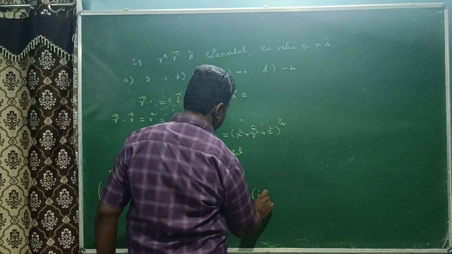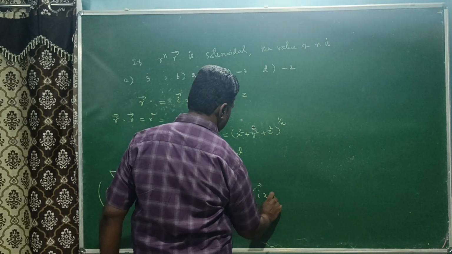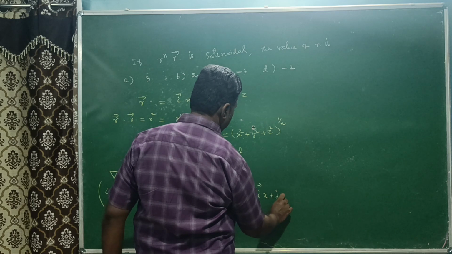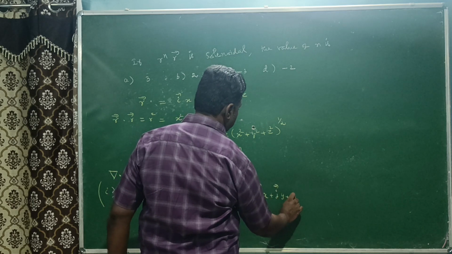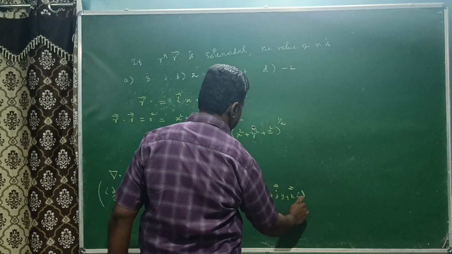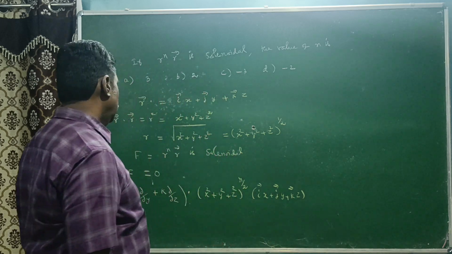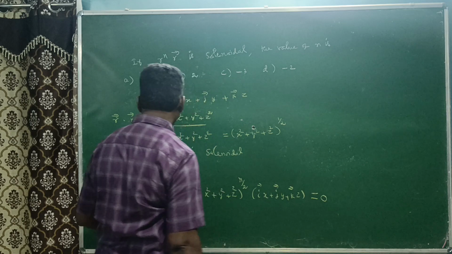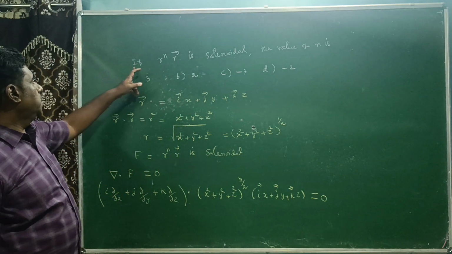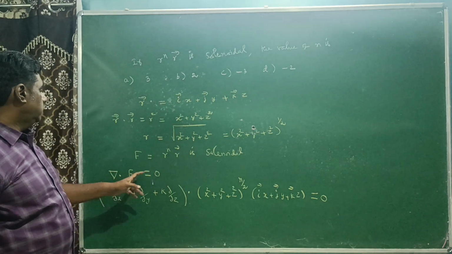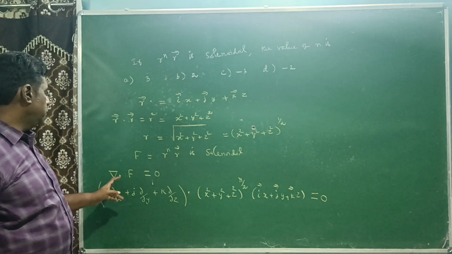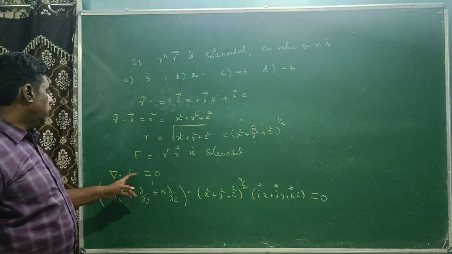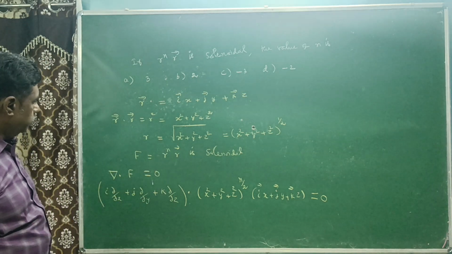Vector r is i x plus j y plus k z, which is equal to 0, because in the problem they have given it is solenoidal. Solenoidal means div of a vector is 0.